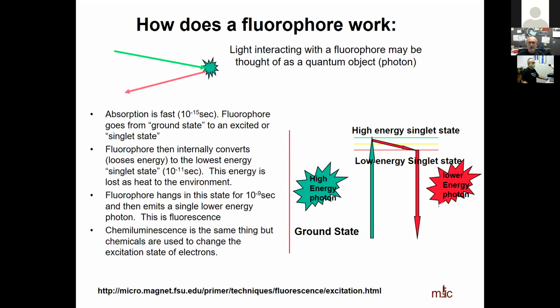Okay, so how does a fluorophore or a fluorescent molecule work? This is where it's useful to think of light as a particle, as a photon. So light hits a molecule, gets absorbed, and the absorption is fairly fast. It's in attoseconds.